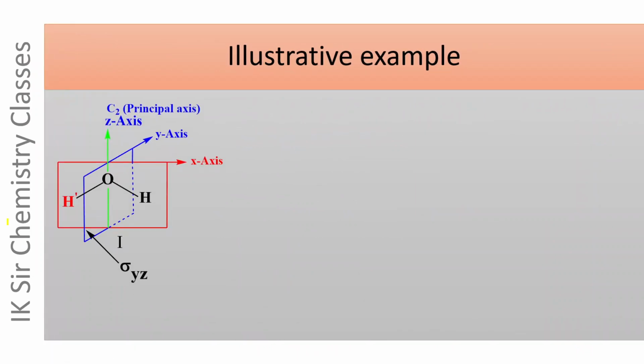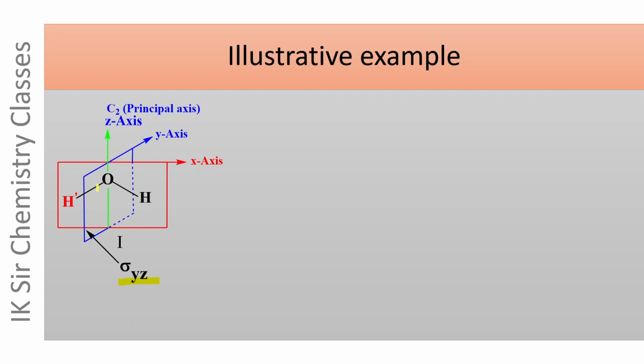This is the H2O molecule having two planes of symmetry, sigma xz and sigma yz. This is the yz plane, which is denoted by sigma yz. This plane bisects the angle H dash OH.